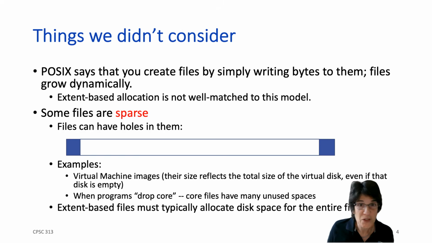Similarly, if you're writing C programs, you might once in a while have experienced this thing where you have a core dump. Well, a core dump is actually a very sparse file because, as we'll learn in the next unit, the way address spaces are organized, there are actually large gaps in them. So there really are common cases where we want sparse files, and extent-based systems don't let us express those very well.